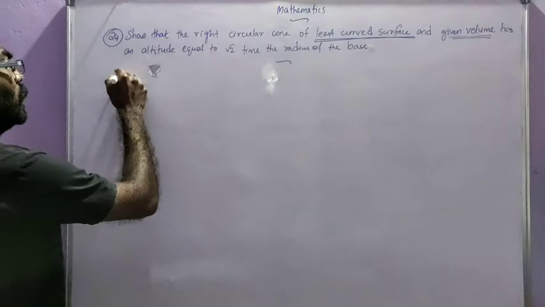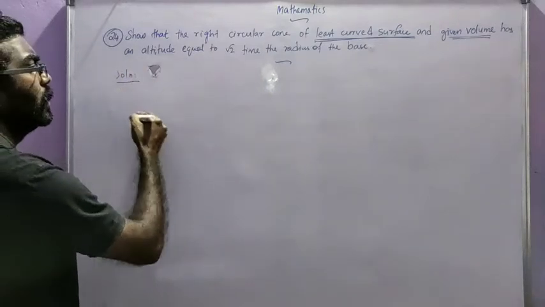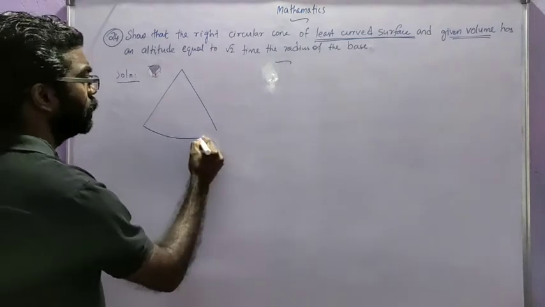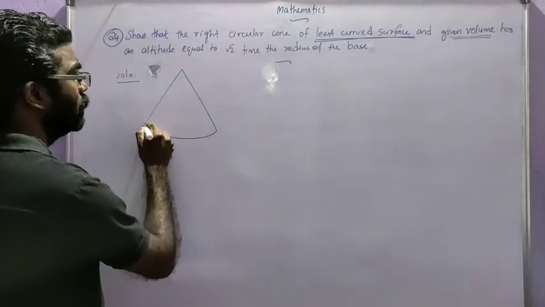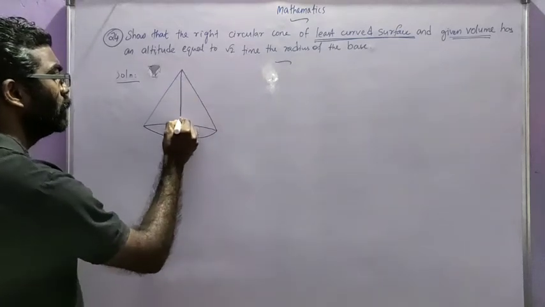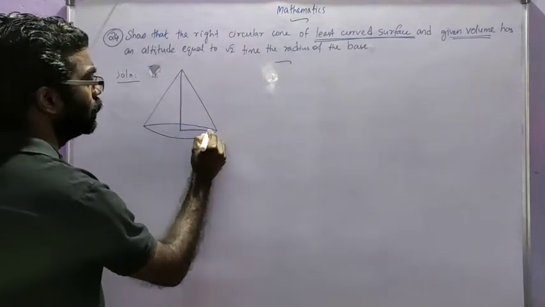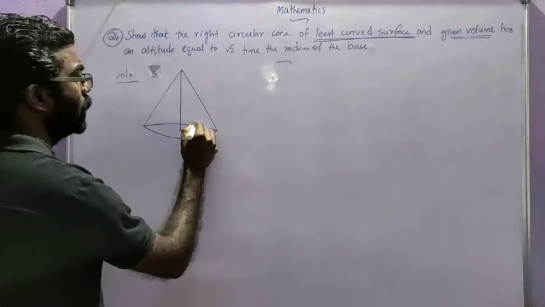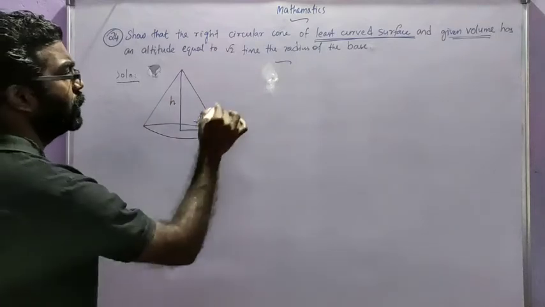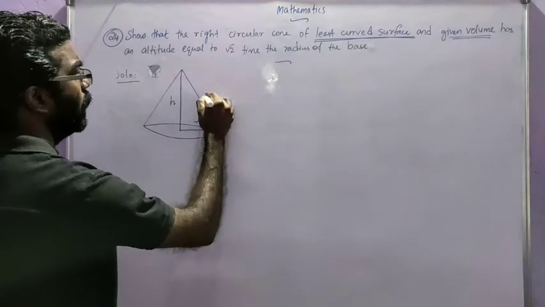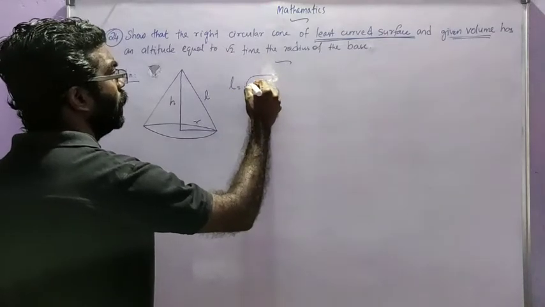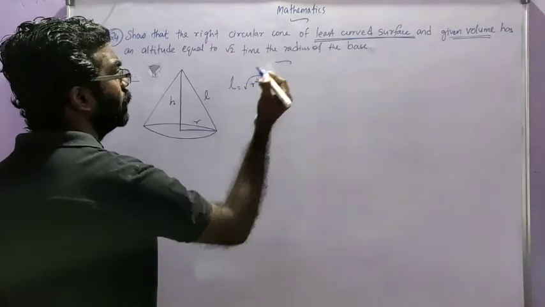So let us consider a right circular cone. Here we can take the radius as small letter r, altitude h, and the slant height L. And we have the formula L is equal to root of r square plus h square.